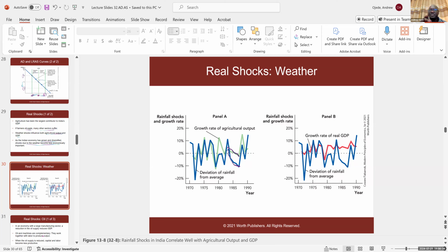And because agriculture is a dominant sector in the Indian economy, you could argue that the rainfall shock is also correlated with the overall GDP growth rate of the Indian economy. So if rainfall falls, GDP growth is going to fall as well, because agriculture contributes so much to real GDP growth. So that's how real shocks like weather shocks can affect the entire economy, not only one sector.